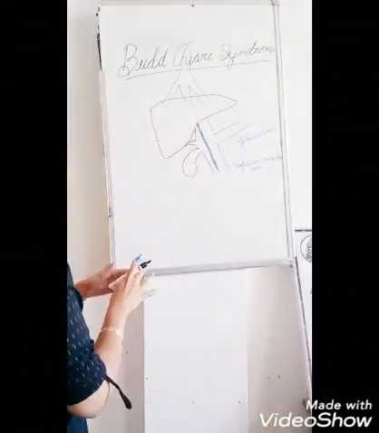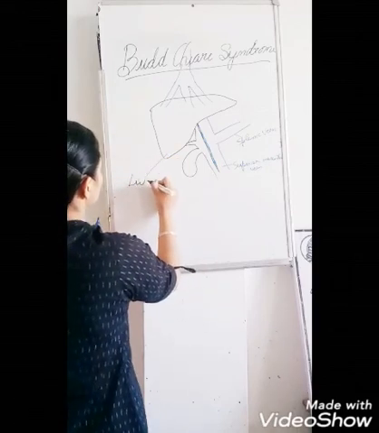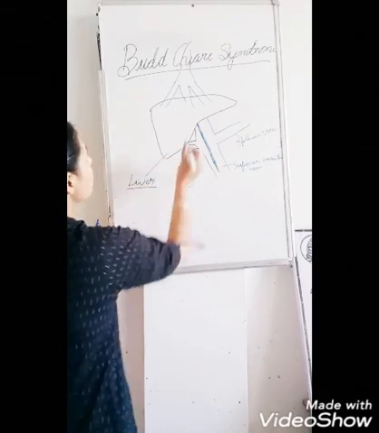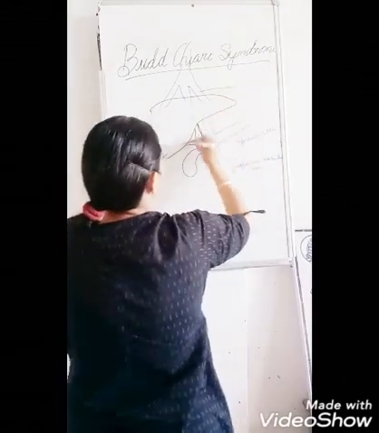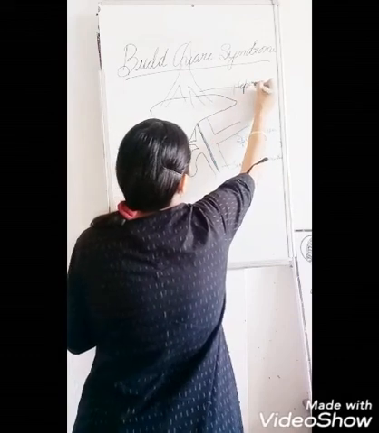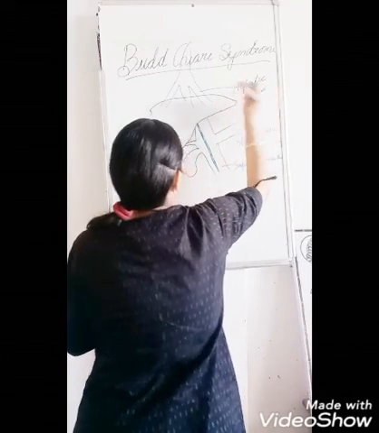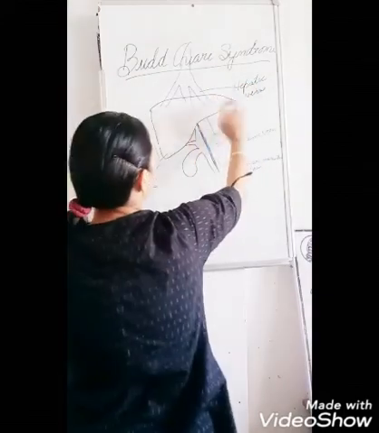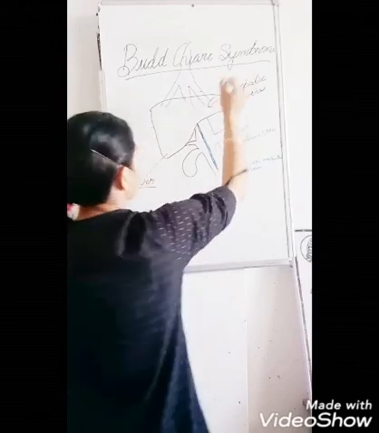Now this is the diagram I have made. This is the liver. These are the hepatic veins.